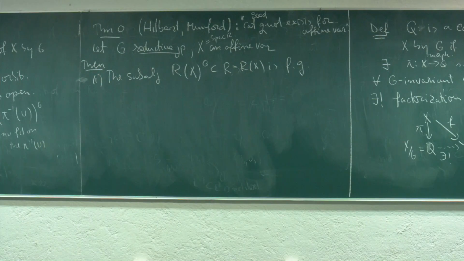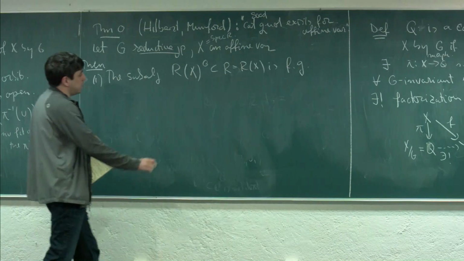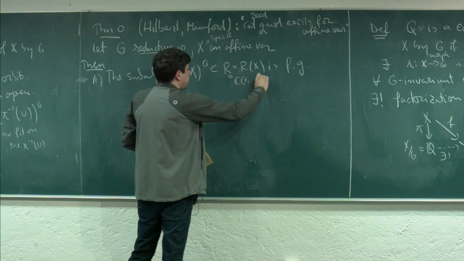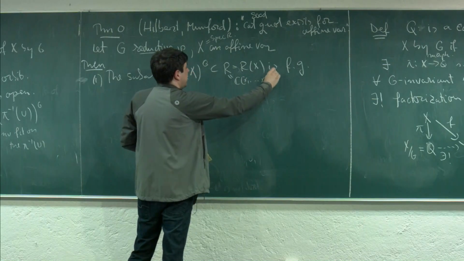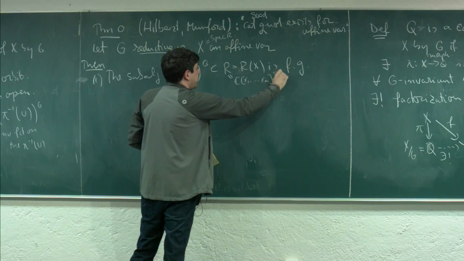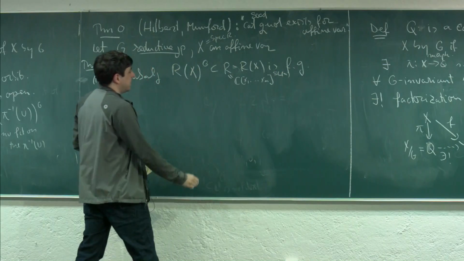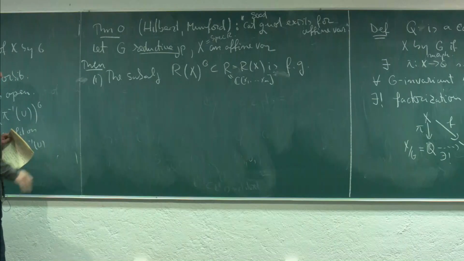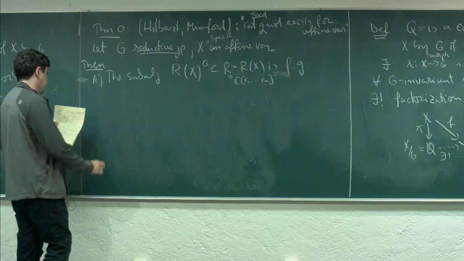So for instance, think about R as being the polynomial ring C[x1, ..., xn]. I'm acting, for instance, with SL_n, or PGL_n or SL_n, and that will be finitely generated.